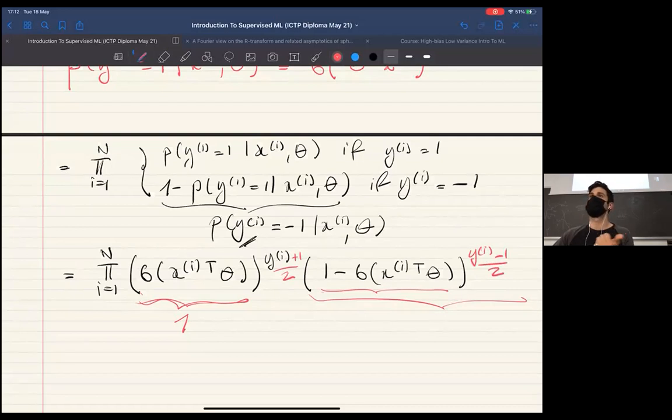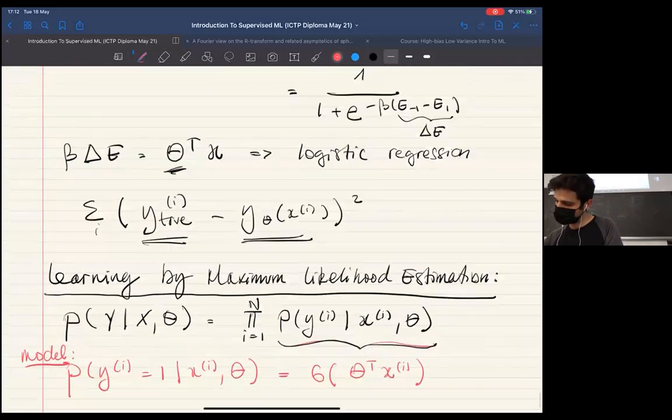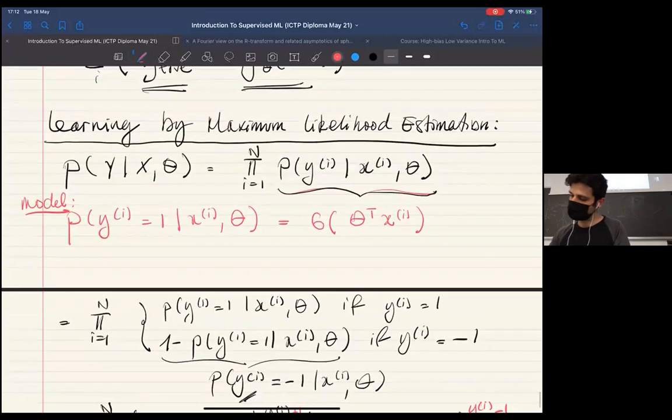What I wrote before was for the case where the y's are equal to 0 and 1, in the course. But actually, it's simpler if we take y equal to 0 and 1. I'm sorry. I change nothing. I just define the yi's belonging to 0 and 1.